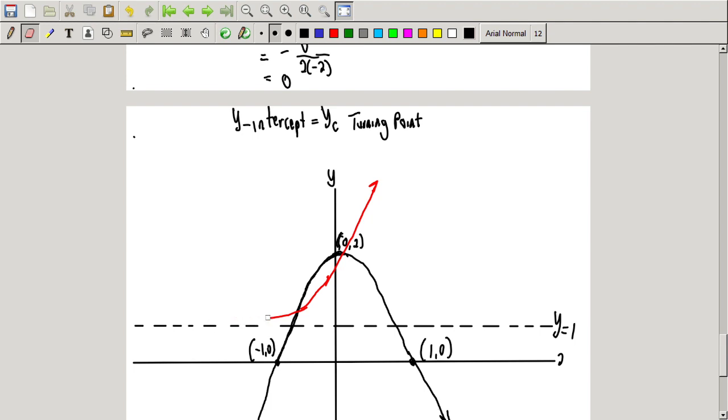It must look like it is approaching this line. It must show that it is approaching but not touching. Just approaching.